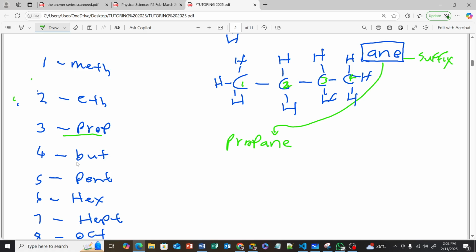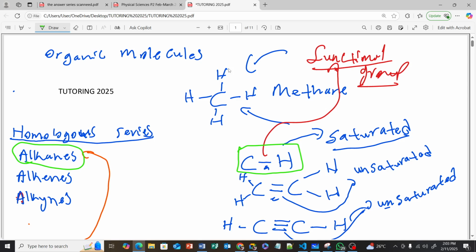It is but. So we are going to say but, then we take the suffix, we put it there. So the name becomes butane. Okay, so this is when we are dealing with what? The alkanes. Remember I said that they only consist of single bonds, like here in between what? A carbon and a hydrogen atom.